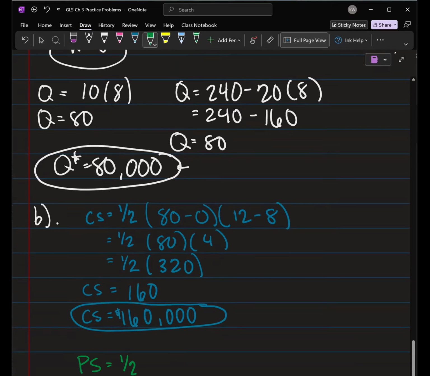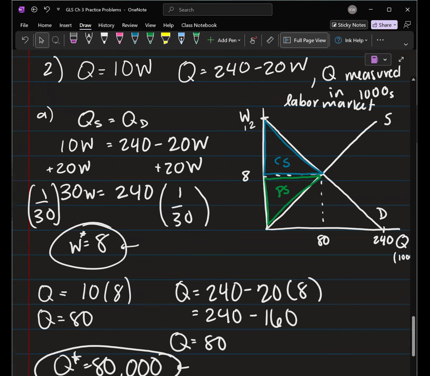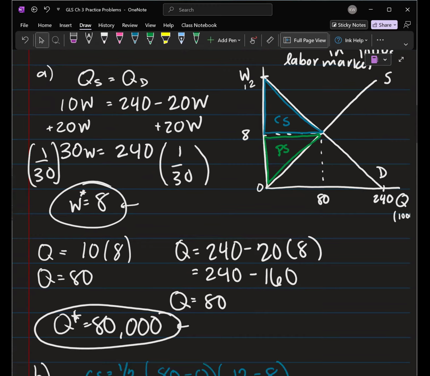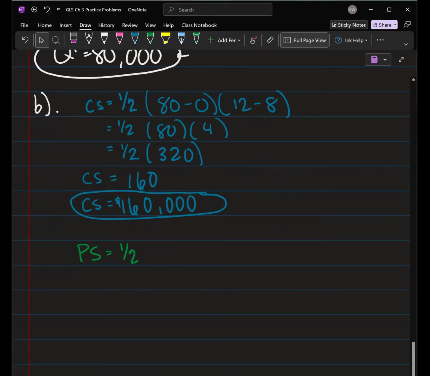Producer surplus is also a triangle, so we're going to use that area of a triangle formula, 1/2 times base times height. And our base, again, is just the amount of labor hours hired. And then our height is the difference between the equilibrium wage and the supply choke price. So 8 minus 0. So we'll have producer surplus equal to 1/2 times 80 minus 0 times 8 minus 0.